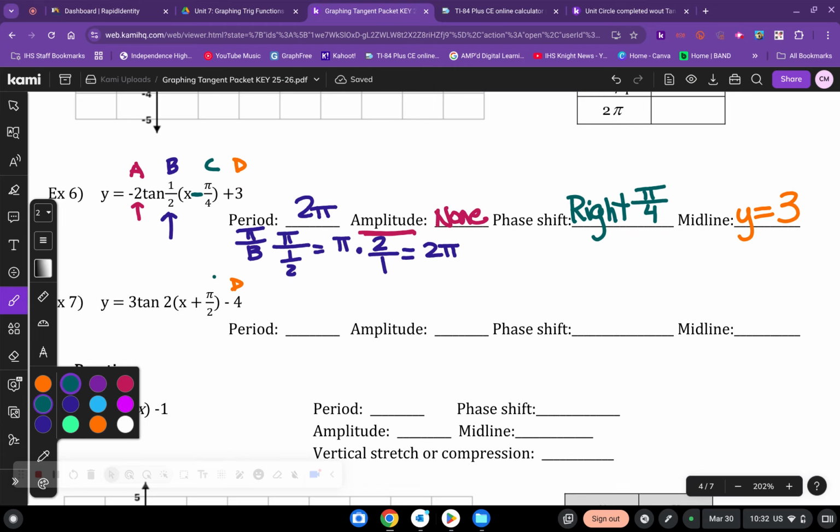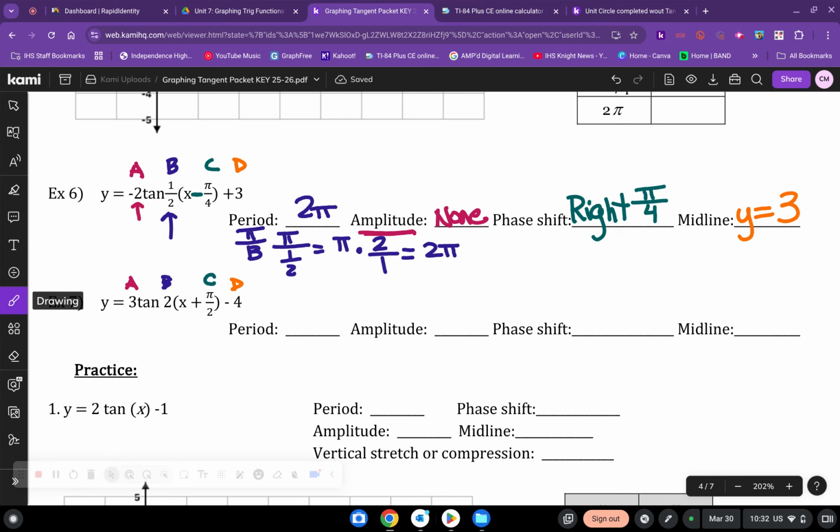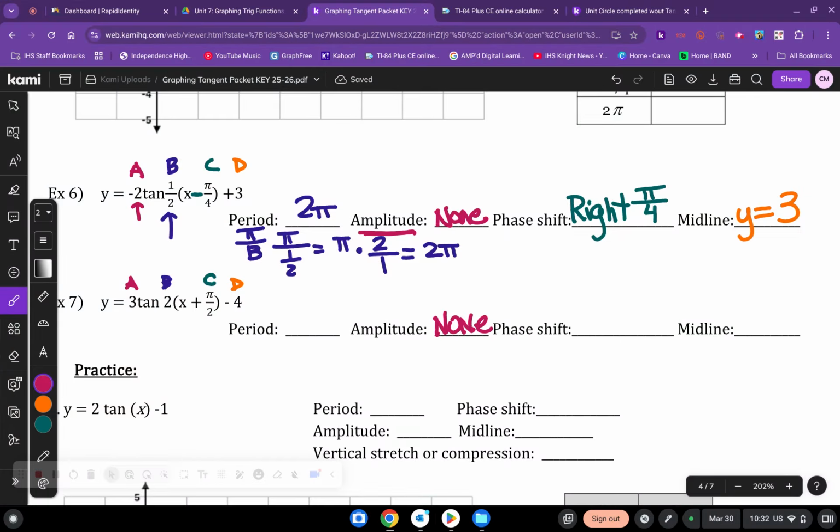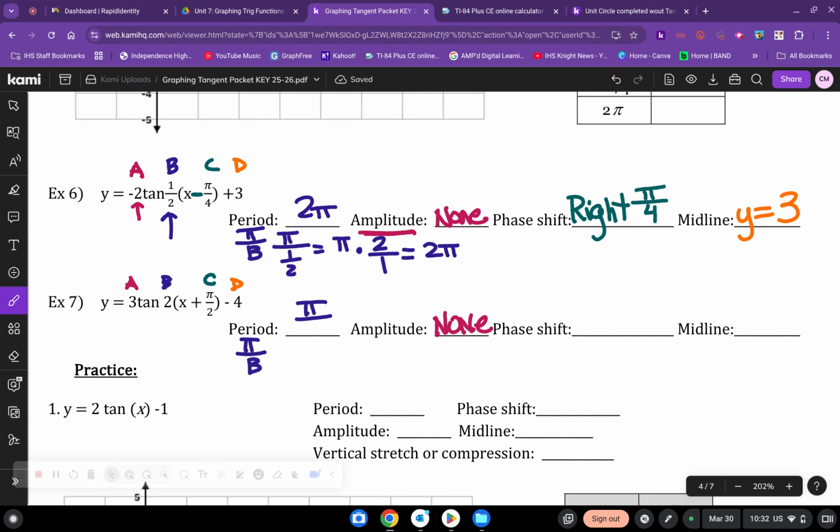Okay, example 7. Amplitude is none. Period pi over b, so that means my period is pi over 2.